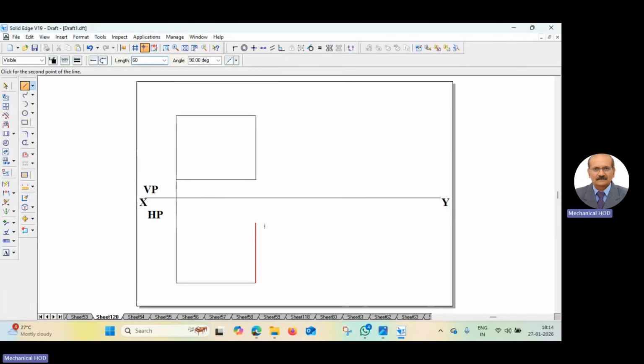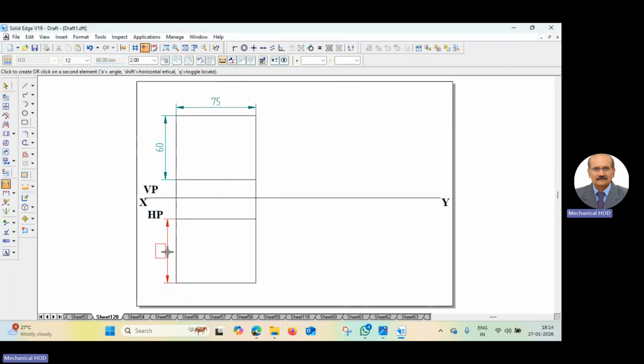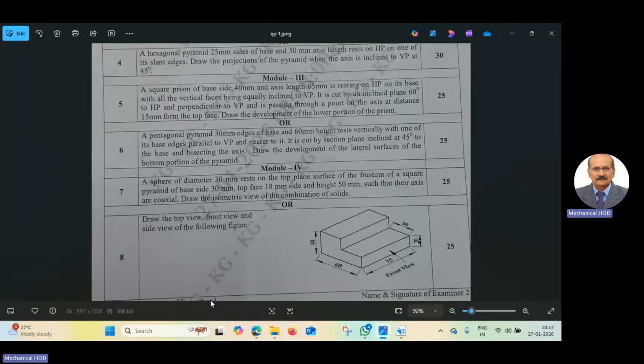This is 60. So these are the maximum dimensions we can see. In the front view, 75 is the length, 60 is the height. Here it is 60, here it is 75.